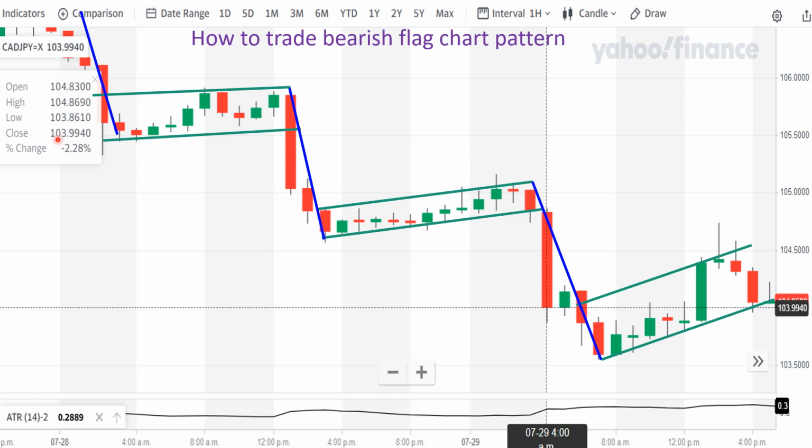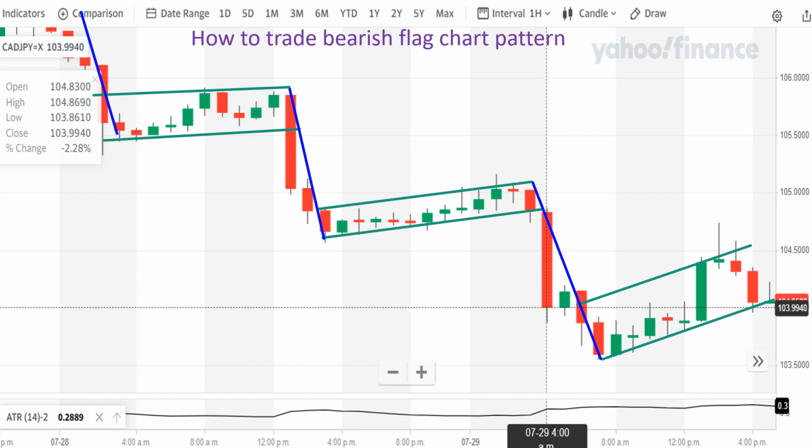This is the information for this candle, and this is the ATR value for this candle. And I'm going to use the open price of this candle to put my stop loss. 2 ATR above the open price of this candle, I use it for the stop loss, and 4 ATR below the open price of this candle, I use it for profit target.